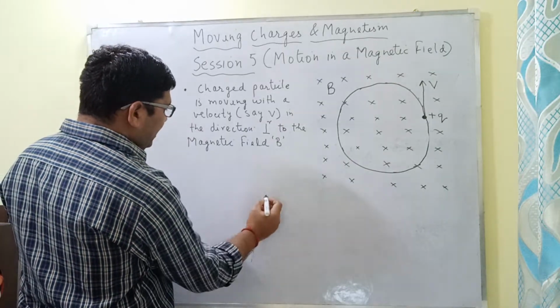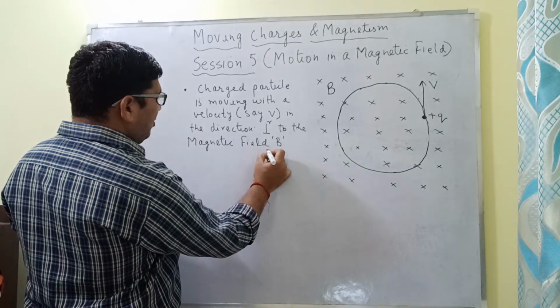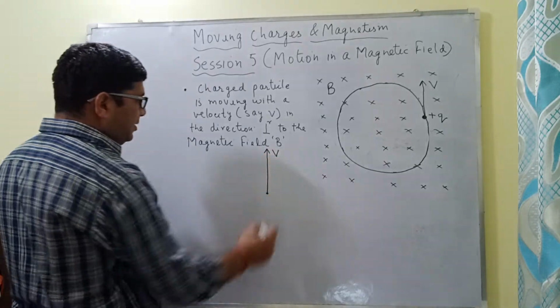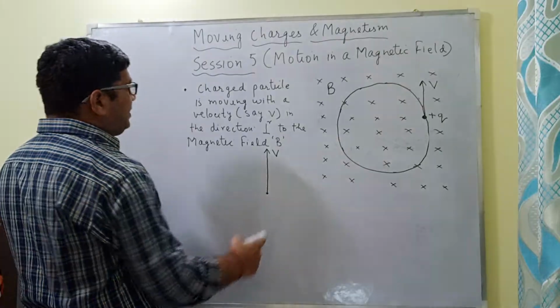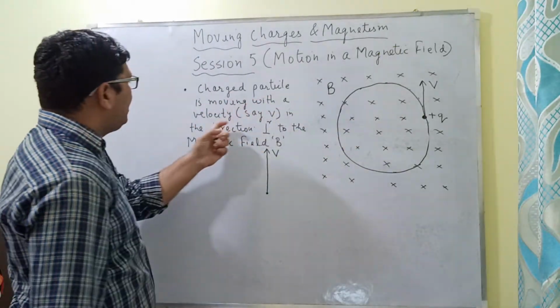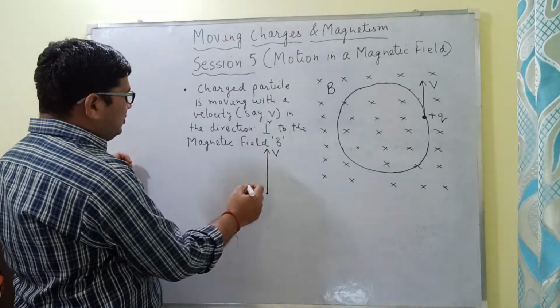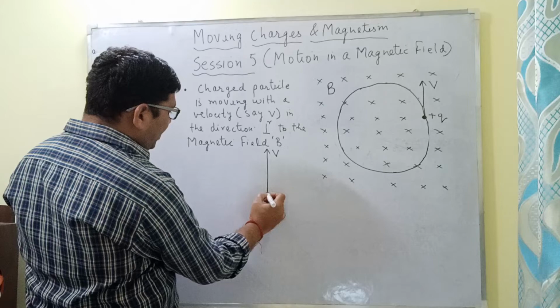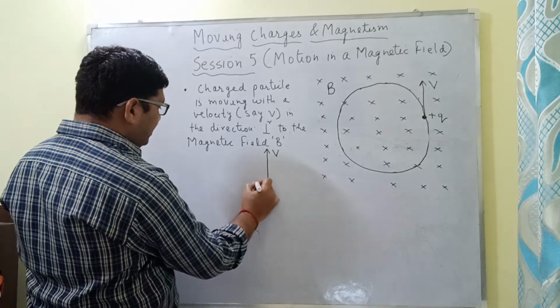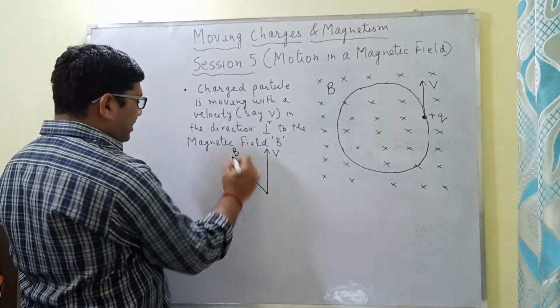Let us say this is a charge q which is moving with a velocity v in this direction, perpendicular to the direction of the magnetic field. So let us say this is the direction of the magnetic field, B.